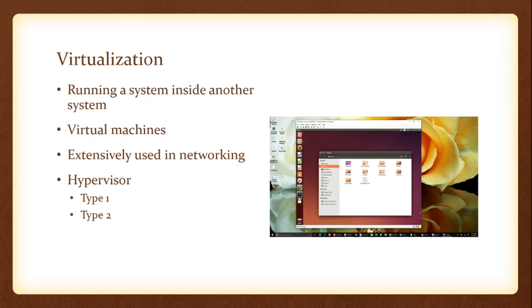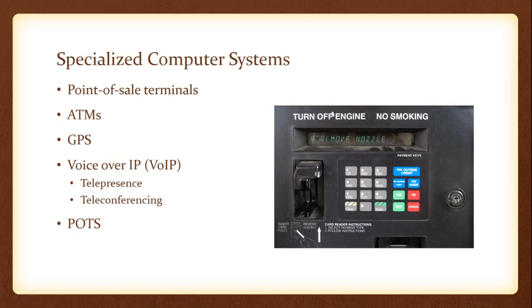A type 2 hypervisor does require an existing OS, and you run it as application software. There's a lot of unrelated stuff running, which does slow down the system. So type 1 is always the better one, and type 2 can be fine, but it can also slow down your system. Type 1 does not require an OS, but type 2 does require an OS.